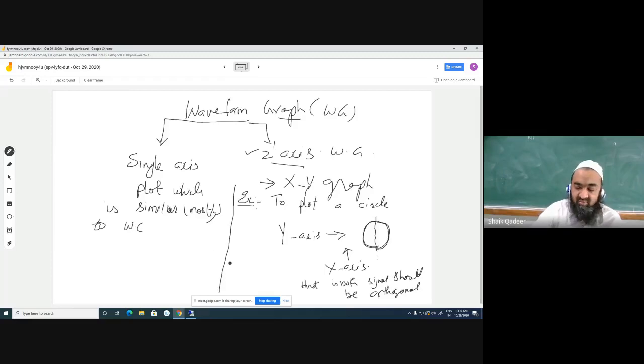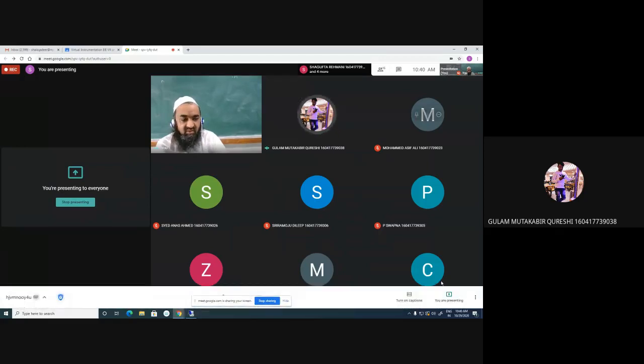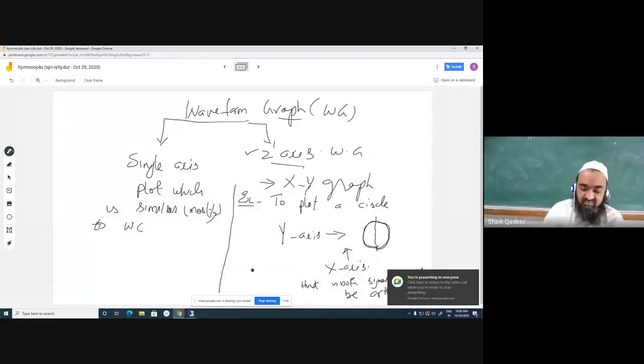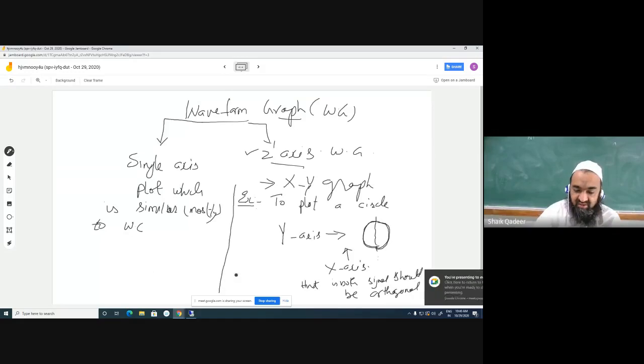Two quantities are said to be orthogonal if their dot product is zero. Do you remember something? Are you able to recall your memories? Come on, say quickly, how much time do you take? Yes, sir. Two signals are said to be orthogonal if their dot product is zero. I am talking about vectors, don't you remember?